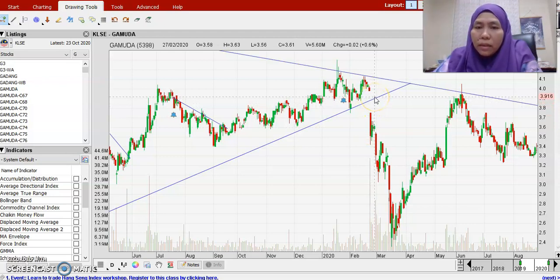It gives us a signal that the trend might reverse for the intermediate trend. And we can see the price creating a lower low compared to the previous one. So this is a confirmation, or one of the signals, that the trend will be reversed.